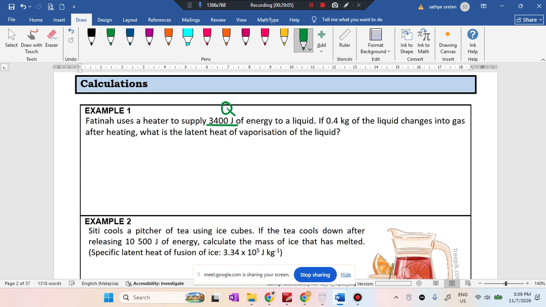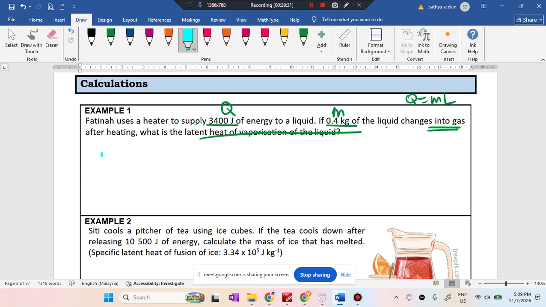So this is your Q basically. Betul tak? If 0.4 kg of liquid changes into gas, kalau nampak liquid change into gas, maksudnya kita kena pakai Q equal to ml dekat sini. Change of phase. What is the latent heat of vaporization?